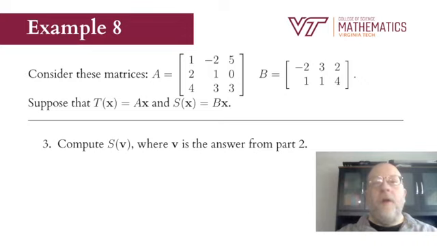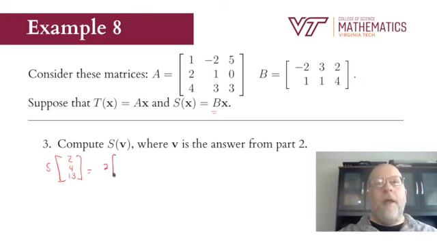Compute S of V, where V is the answer from part 2. So S of 2, 4, 13. We're now using the B matrix. And we're going to apply 2 to the first column, 4 to the second column, 13 to the third column. Okay?